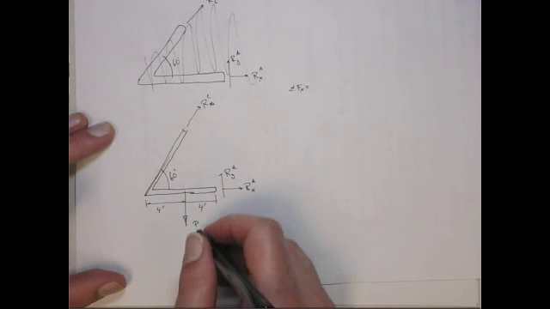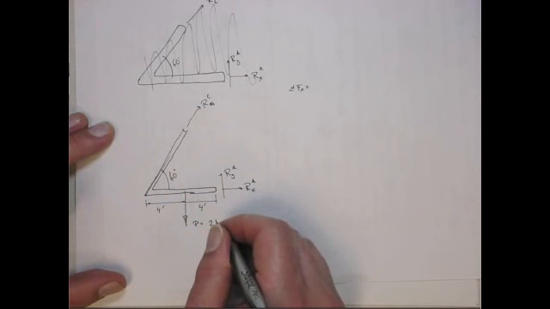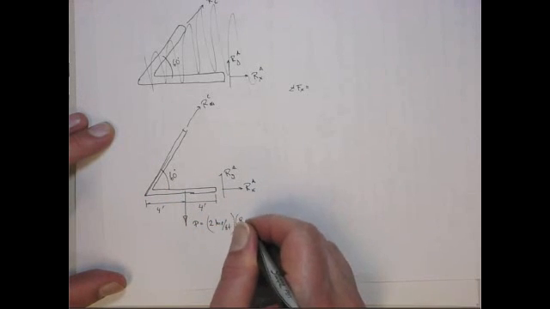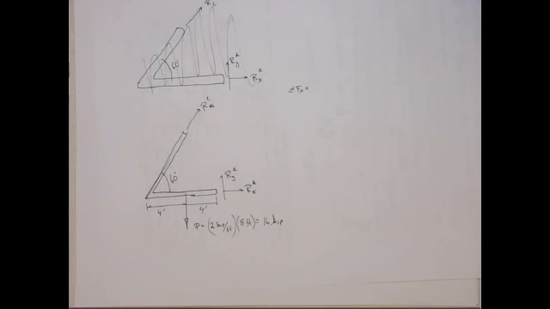And the magnitude of this is the 2 kip per foot times 8 feet, or in other words, 16 kips acting downward, okay?